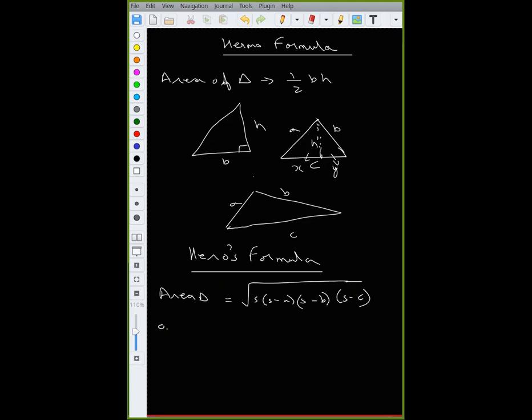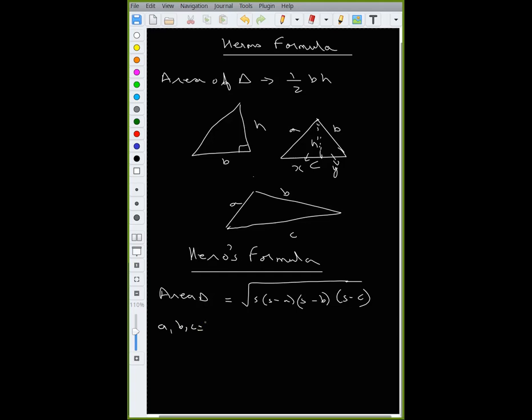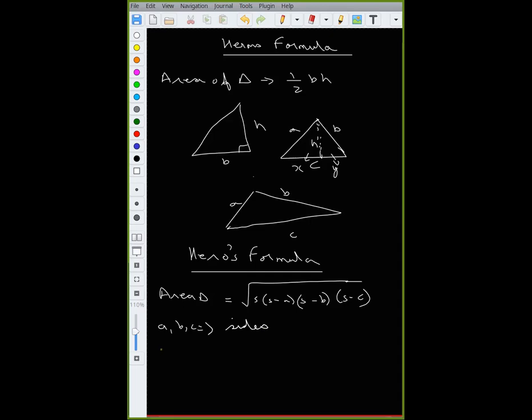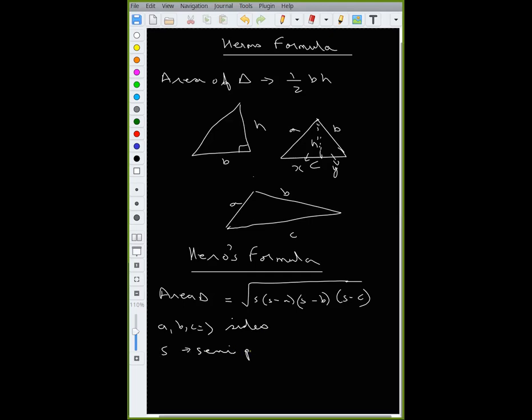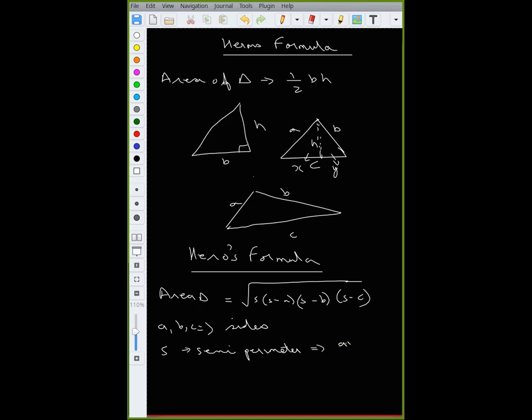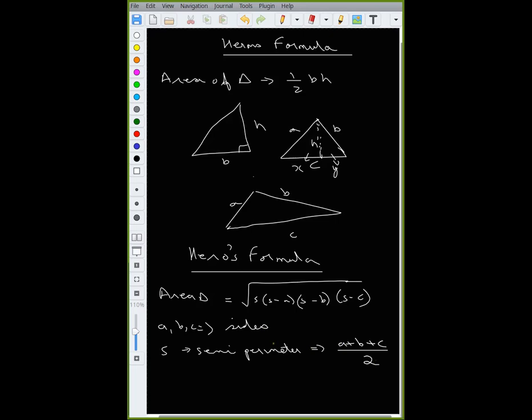Where a, b, c, they are the sides of the triangle, right? And s is called the semi-perimeter. What is semi-perimeter? By the name as it suggests, what is perimeter? Adding up all the boundaries, right? And semi will be half. So that will be a plus b plus c upon 2. Got it?